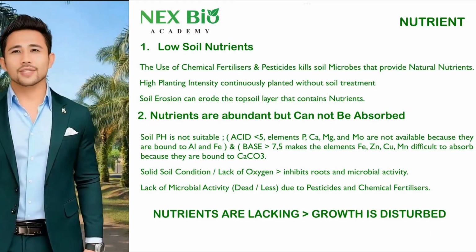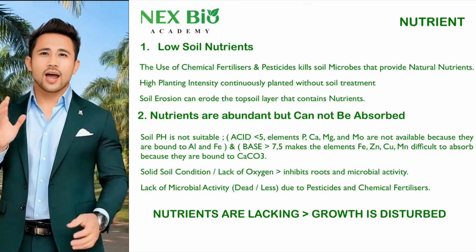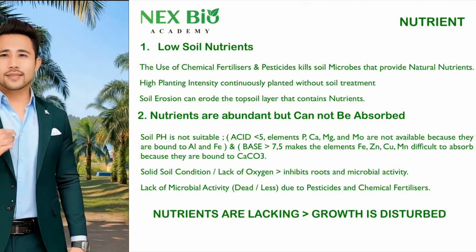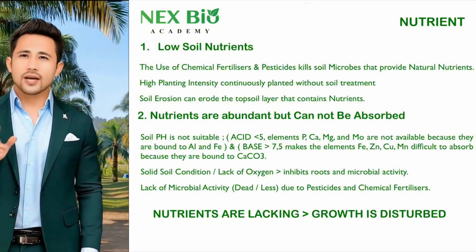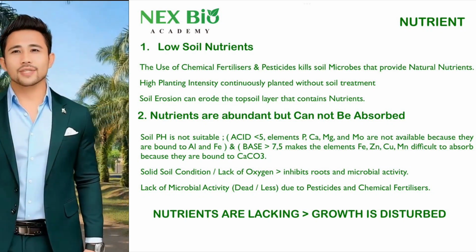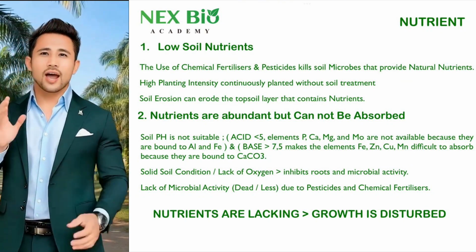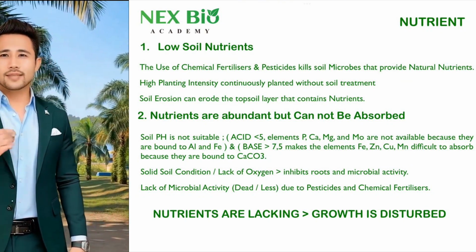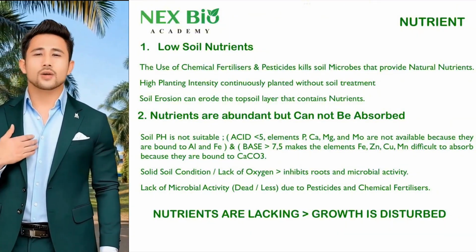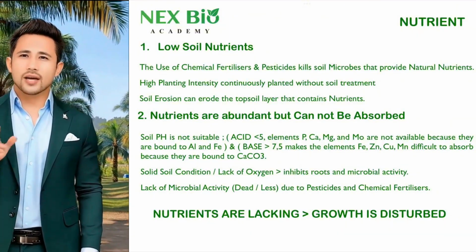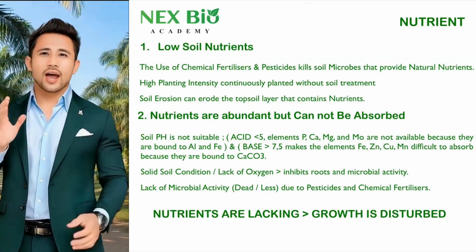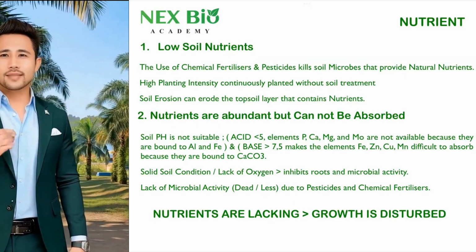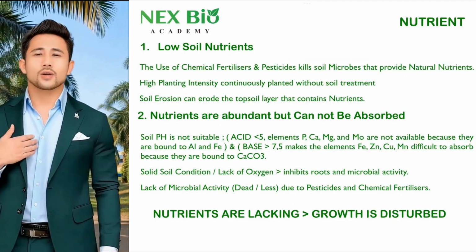The microbes are dead or fewer due to pesticide and chemical fertilizer use. So these are the first 2 points related to nutrients. The first is low soil nutrients and the second is nutrients that are abundant but cannot be absorbed. These 2 things can make the nutrients lacking. If the plant lacks nutrients, the growth is disturbed.